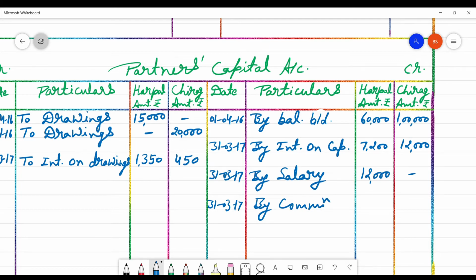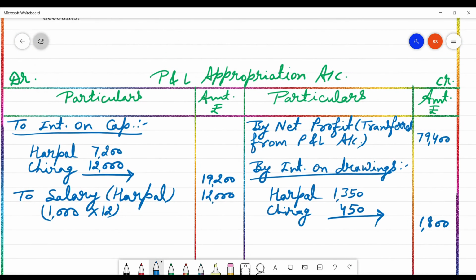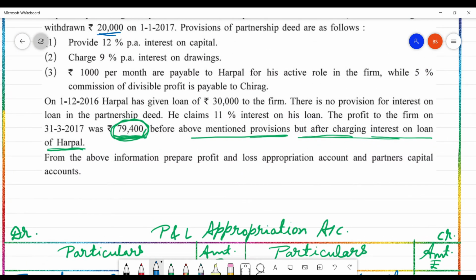But this commission is taken on the divisible profit. So when we calculate the divisible profit, then we will find out the 5% commission of Chirag. Next adjustment: on 1/12/2016, Harpal has given a loan of rupees 30,000 to the firm. There is no provision for interest on loan in the partnership deed.